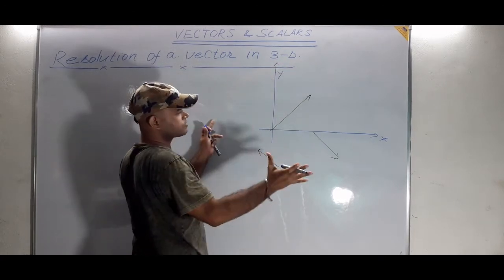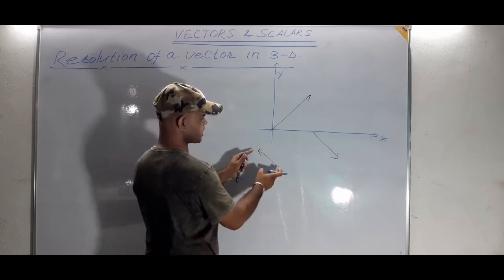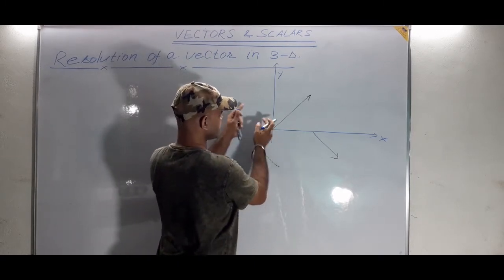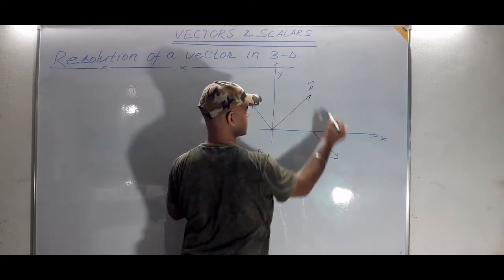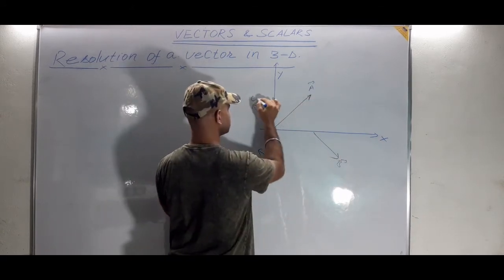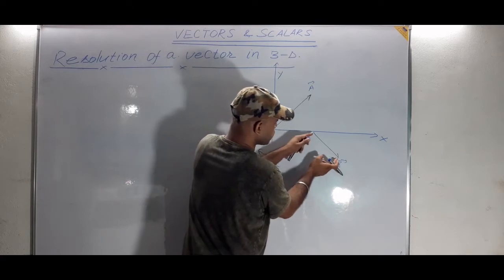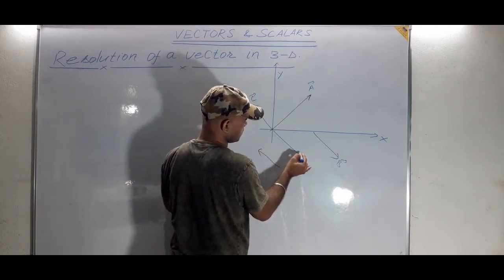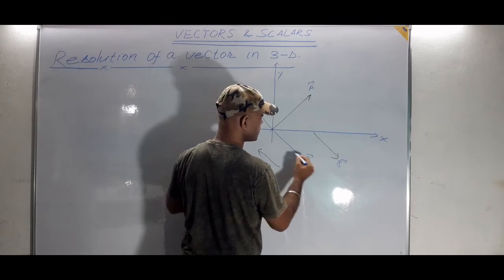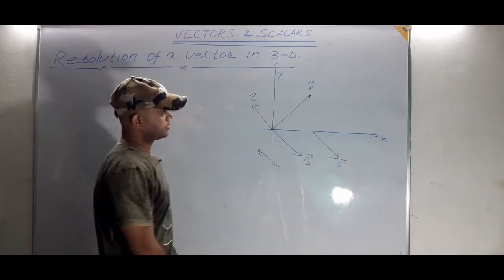Now any of these vectors can be resolved. This can be shifted parallelly and placed on the origin like this. Let's call this vector A, this vector B, this vector C. It's not necessary, but for simplicity and convenience, you can bring it to the origin.